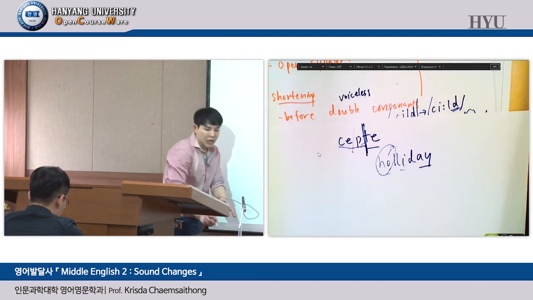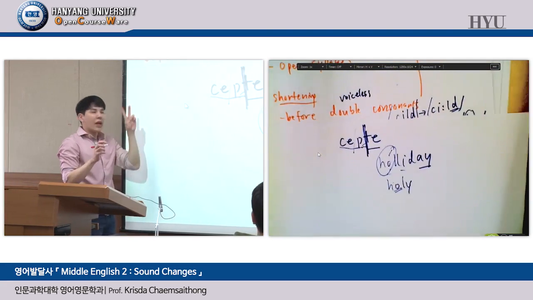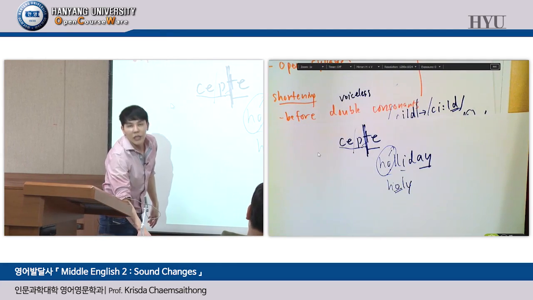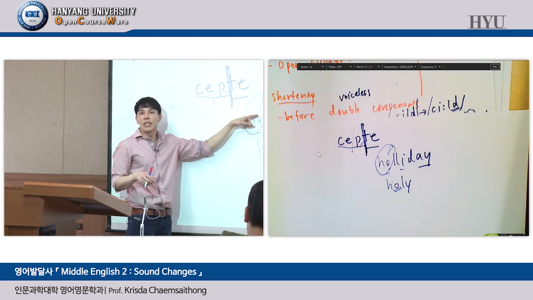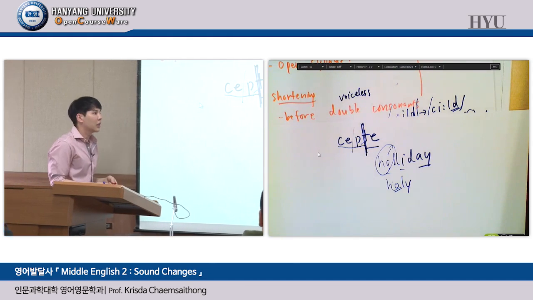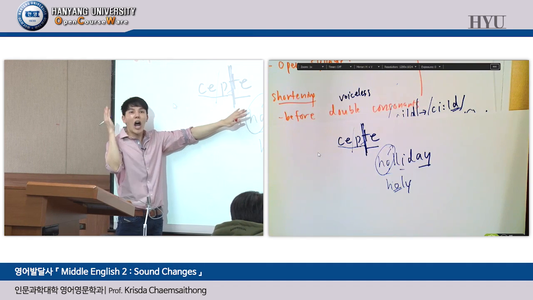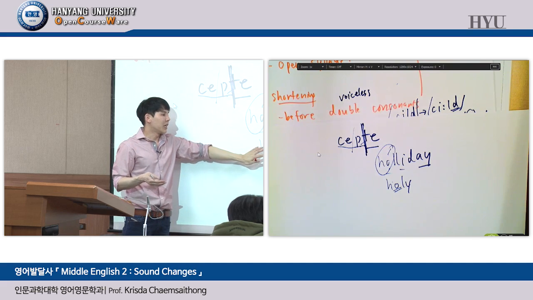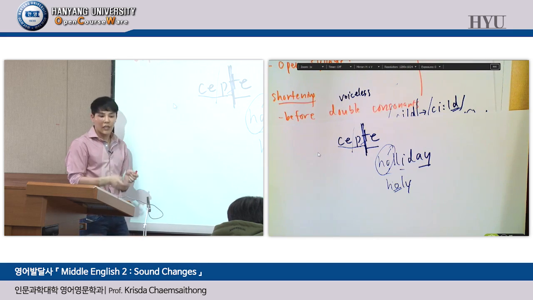If you compare that with the word holy, you have 2 syllables, right? This is open, this is open. You lengthen ho. But for holiday, you don't lengthen this. You shorten it. That's why you pronounce them differently. Holiday, holy. Because in holy, you lengthen it. In holiday, you shorten it.